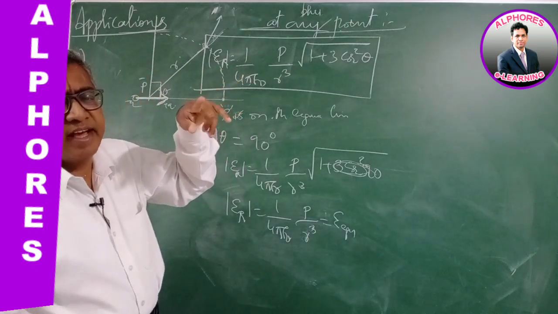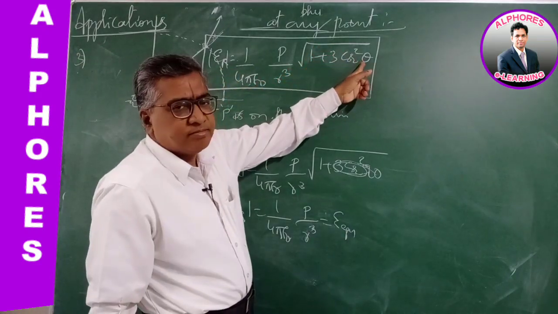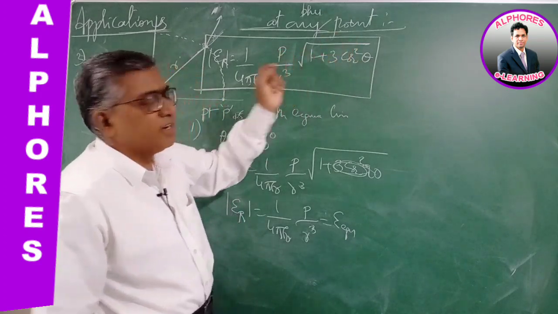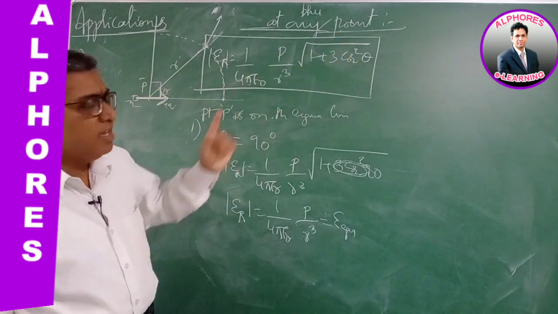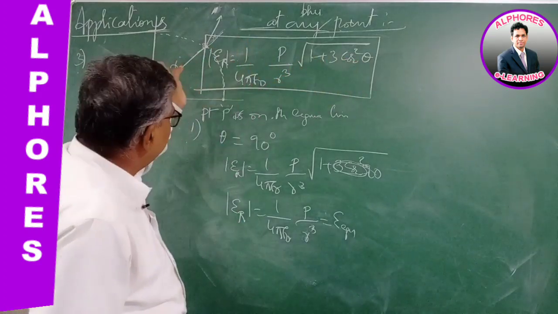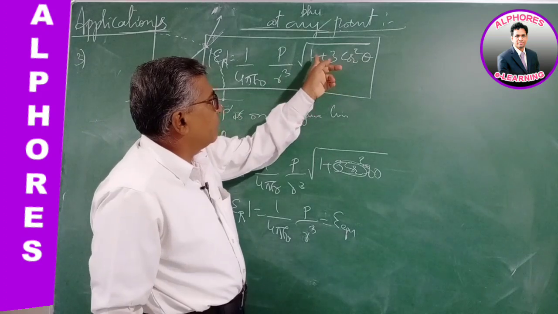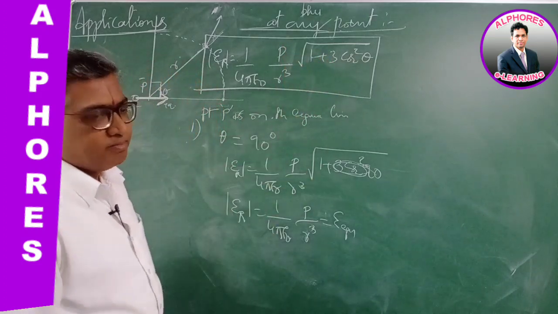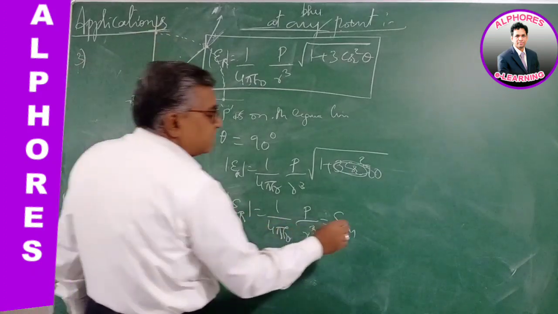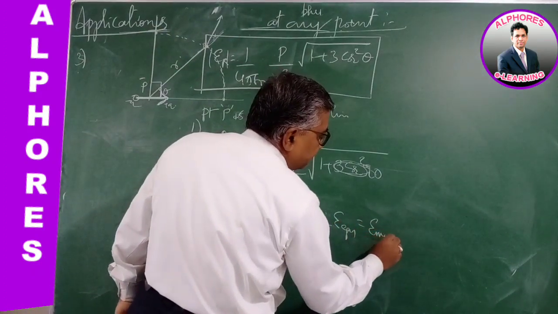If the point is on the axial line, put theta 0: cos 0 is 1, 1 plus 3 is root 4, which is 2, so 2P by r cube. That is maximum. If the point P lies on the equatorial line, theta is 90 degrees, cos 90 is 0, so it is P by r cube. That is minimum for this particular distance.